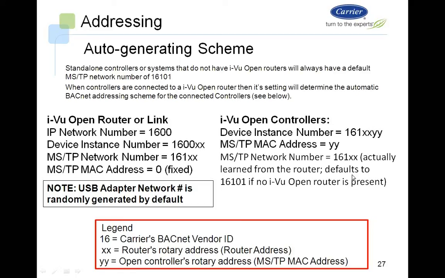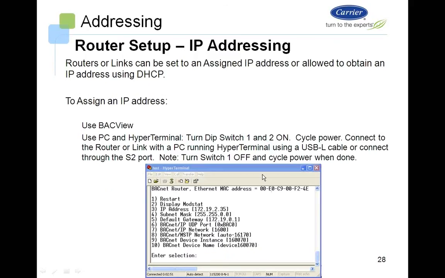Looking at router setup and the IP addressing, routers or links can be set to an assigned IP address, or they can gain automatically the IP address from a DHCP server residing on the network. If you are looking to assign an IP address, you can use BACview to do it.